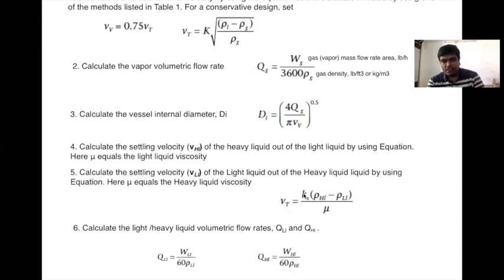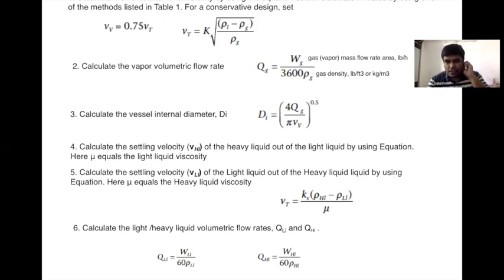Again, in the step number 5, you have to find out the settling velocity of lighter from the heavier. Okay, so now heavier would be continuous phase and lighter would be the settling velocity that you have to find out. So the settling velocity of the light liquid is given by Vt or Vl, you can say, which is equal to Ks into rho hi minus rho li divided by mu h, right?